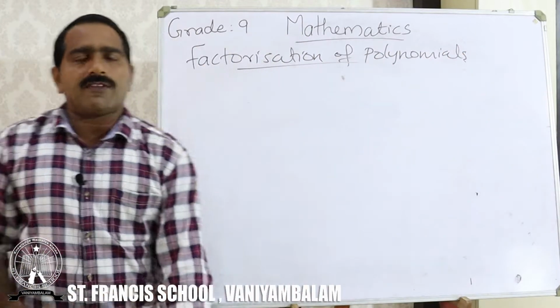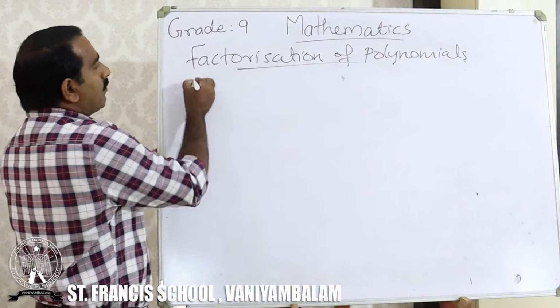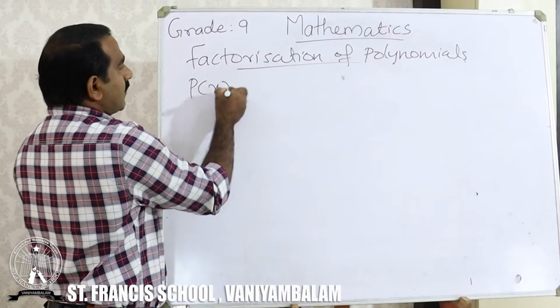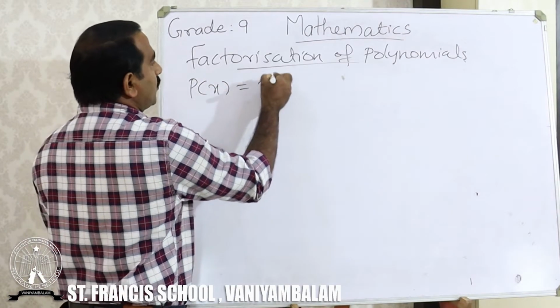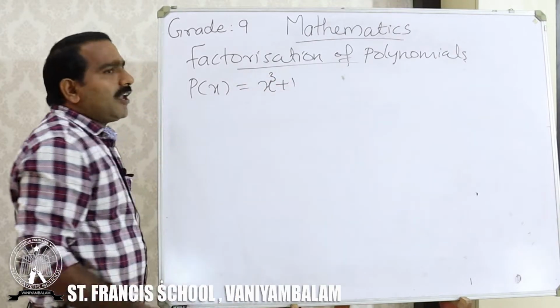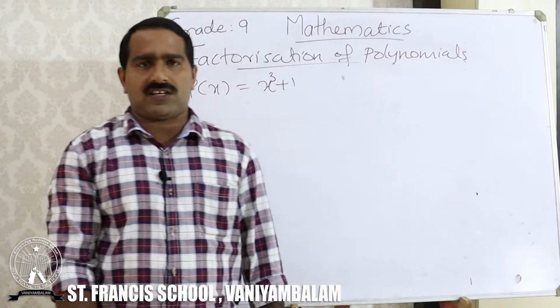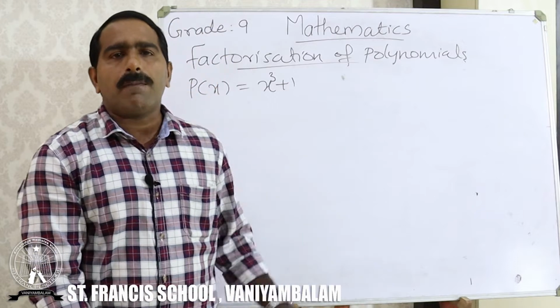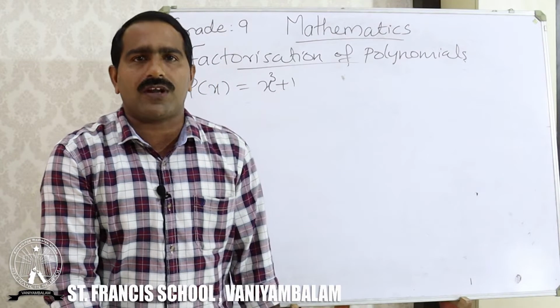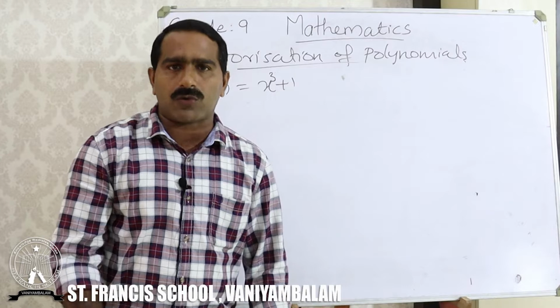From this topic, first consider a polynomial P of x equal to x cube plus 1. Now we are going to check whether the polynomial P of x equal to x cube plus 1 is a multiple of x plus 1 or not.